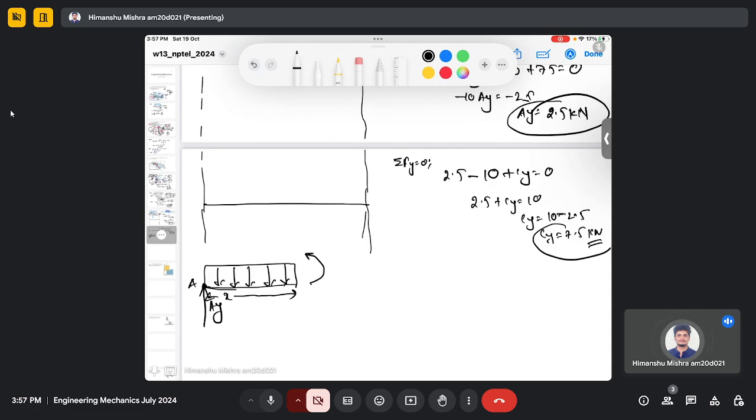There will be a moment here m, horizontal reaction force, and this is my vertical reaction force.